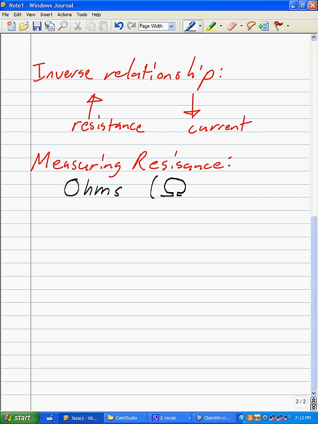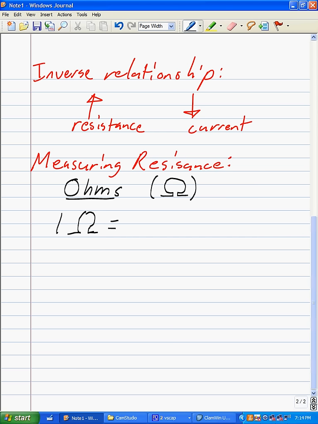Don't fret about drawing a perfect Greek letter omega. 1 ohm equals 1 volt per ampere. That is, for every volt it takes me to get 1 amp to move, that's 1 ohm of resistance.